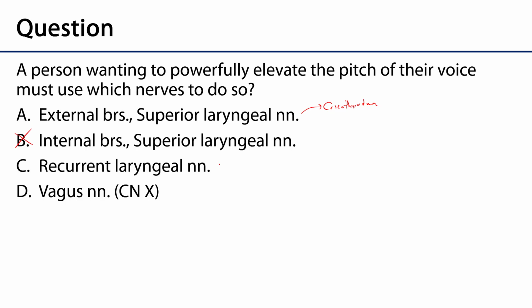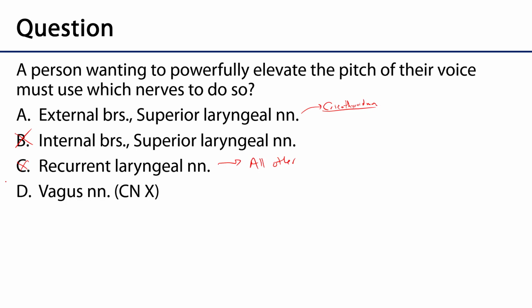Recurrent laryngeal nerves, nearly all other intrinsic laryngeal muscles, but none of them are very powerful elevators of pitch. Many of them are just minor elevators of pitch, so for now I think that the external branches of superior laryngeal nerves are winning. And then finally, vagus nerves.